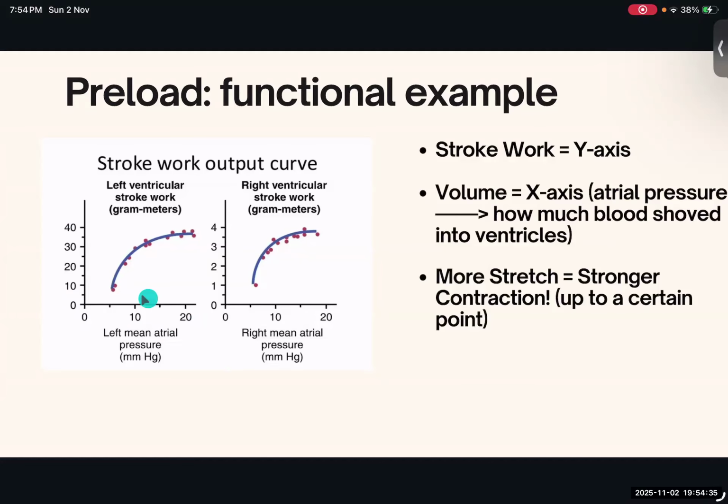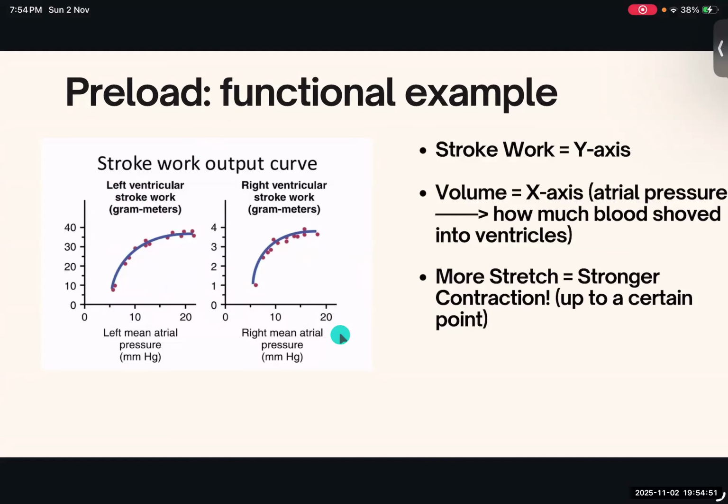So here, basically, we're saying that the more we stretch the ventricle, the more blood and pressure is going to be produced. And we see it both in the left ventricle and in the right ventricle.